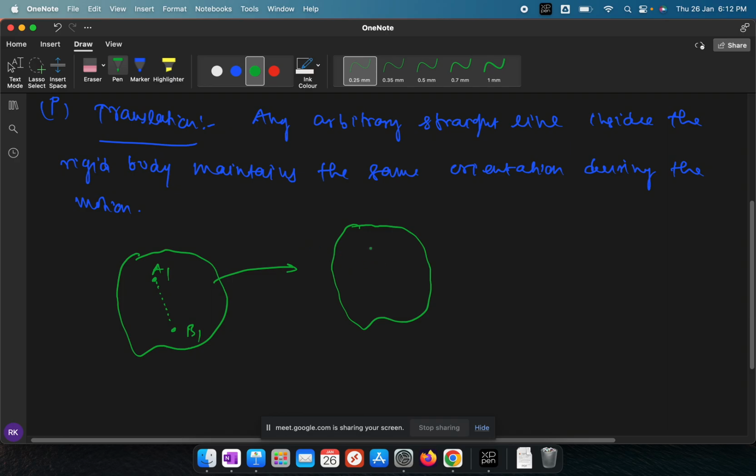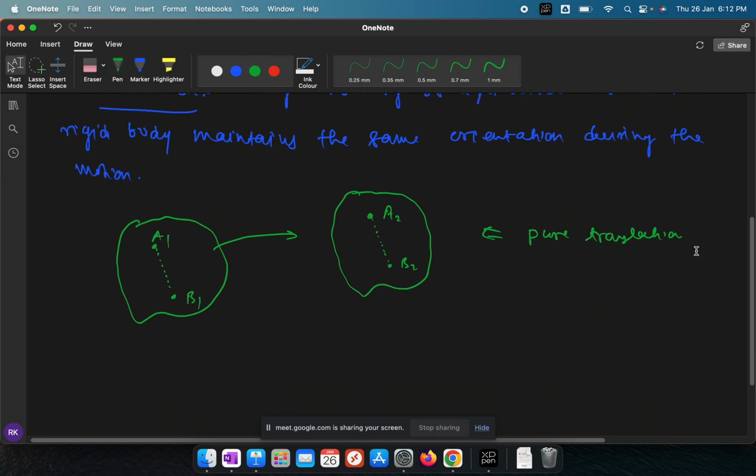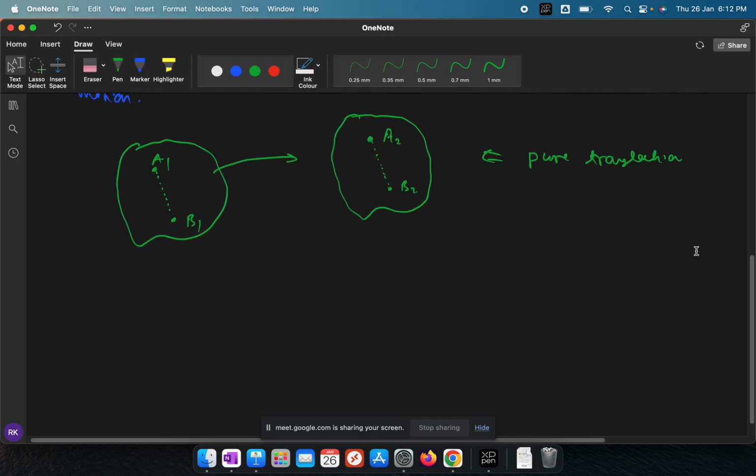If the motion is pure translation, then the orientation of this straight line will remain the same. So we can call it pure translation. And I usually saw that many people confuse this.